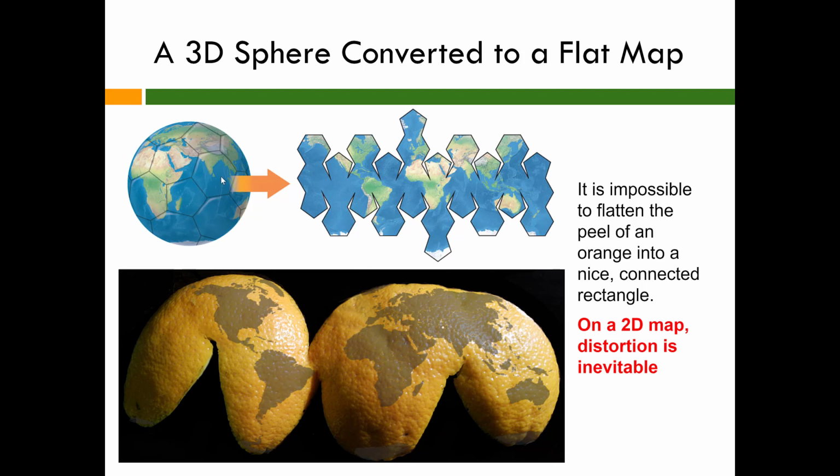Okay, so you can see because in 3D we have one more dimension, it's impossible to flatten your 3D globe, 3D sphere, to a flattened surface in which you don't have those gaps. Okay, it's impossible to flatten a peel of an orange into a nice connected rectangle.